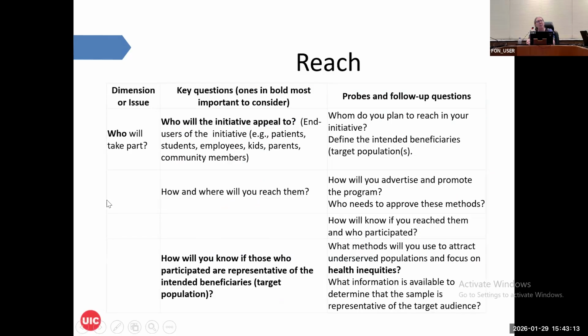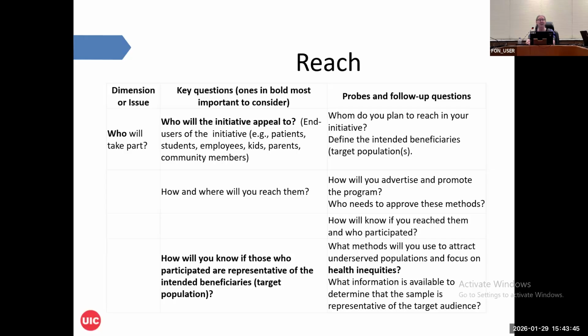So when we break this down, this main question of reach is, who will take part? How and where will you reach them, and how will you know if those who participated are representative of the intended target population? So you want to think about, who do you plan to reach? Define the intended target population.